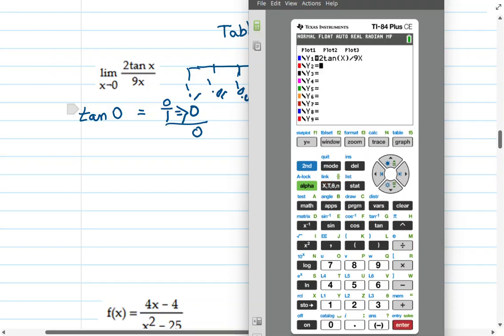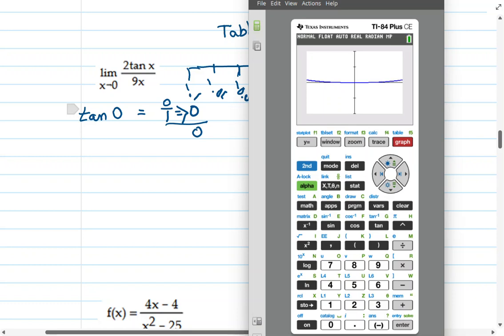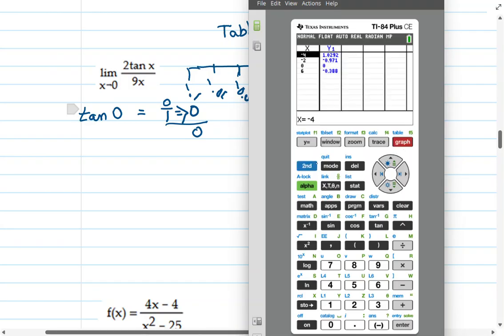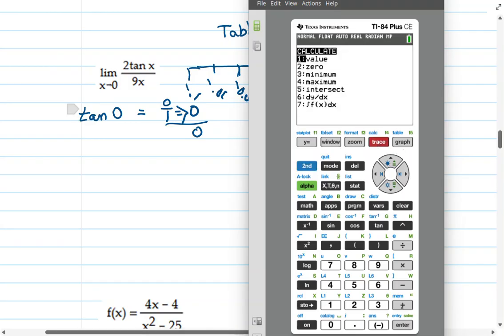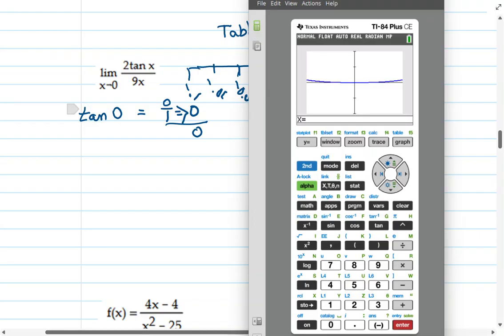All right, and I'm going to graph it. I think I should be okay. There we go. You can see it's 0 as well. So we're going to go second trace. This is good. Second trace. And I want a negative 0.1. And I get, let me make a t-chart.